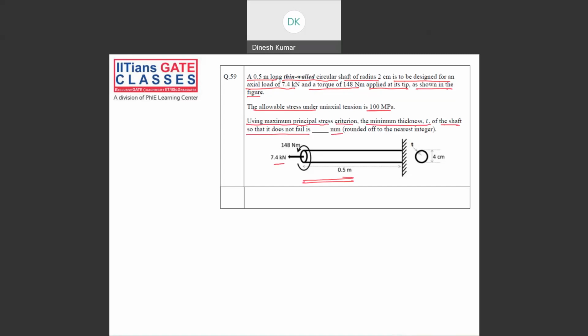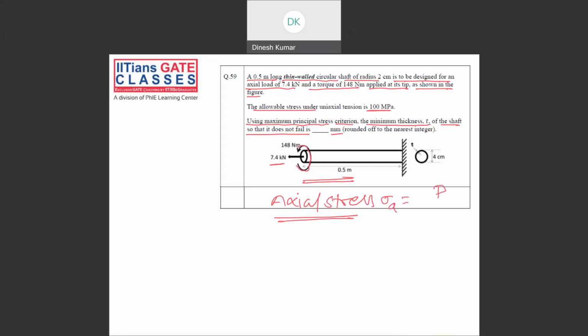Now it is subjected to two kinds of load. One is axial load and one is a torque. From the axial load, you will have an axial stress. If the load is tensile, so you can say sigma A is what?